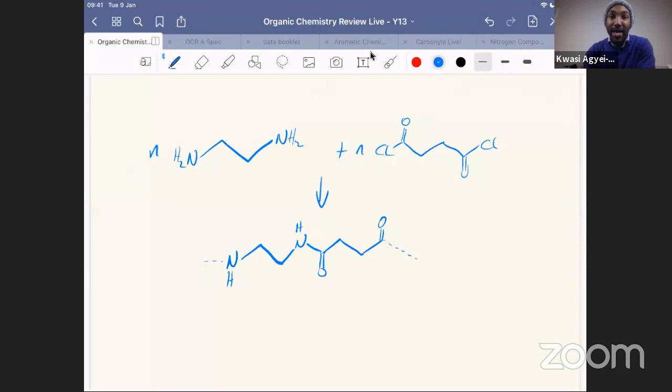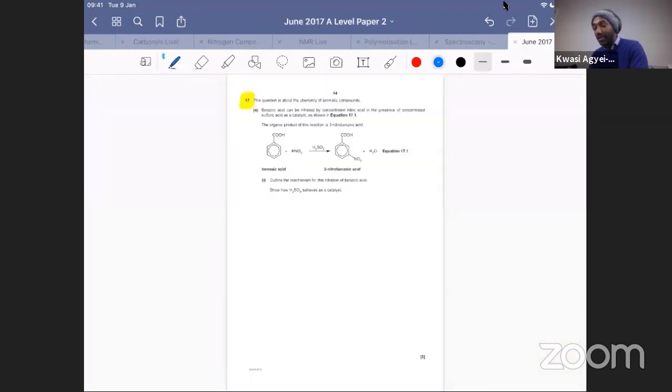Note there aren't, and then we can go back to looking at some practice questions from an exam paper, and I've chosen the 2017 A-level paper 2, June 2017, and there are some good questions on some of the organic topics we've just covered in this session. The first one shows the nitration of benzoic acid.